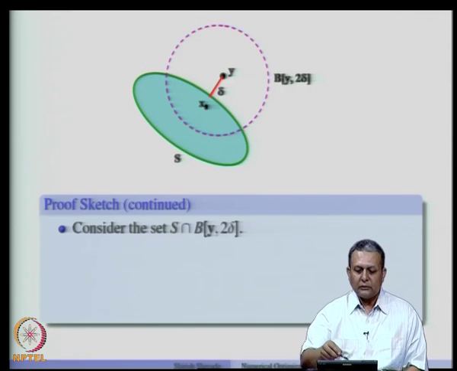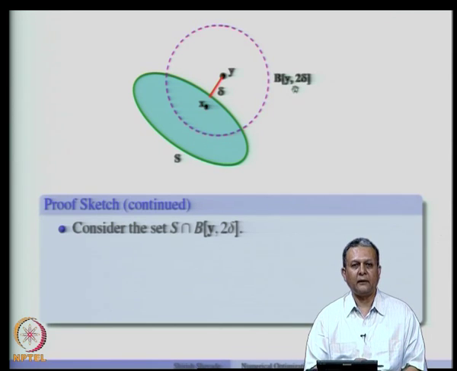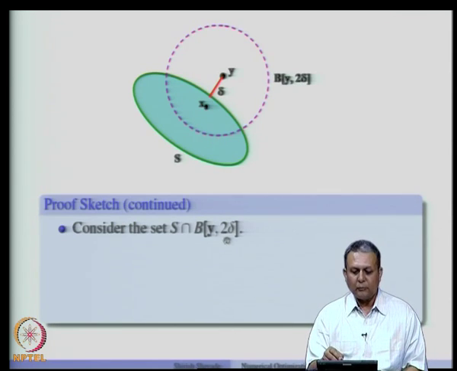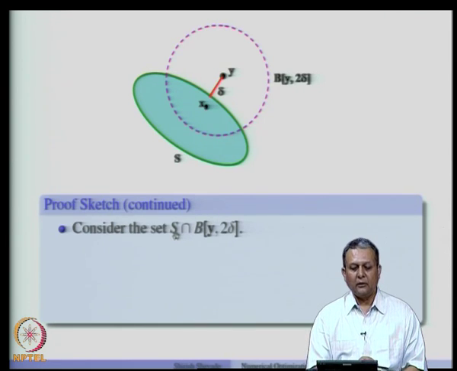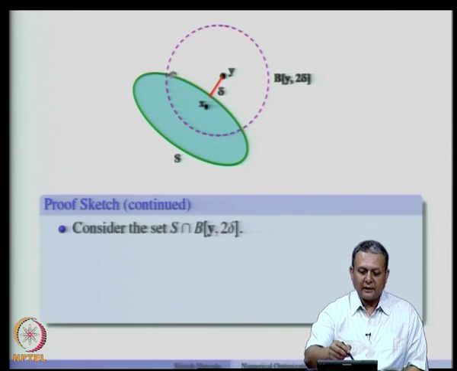So, now suppose we consider the set S intersection the closed ball of radius 2 delta centered around y. Now, this ball is a closed ball, S is a closed set, and this ball is a bounded set. So, the intersection of that ball with S is a bounded set. The intersection of two closed sets is closed, so we get a closed bounded set. It is this part that we are talking about, the intersection of S and the closed ball.